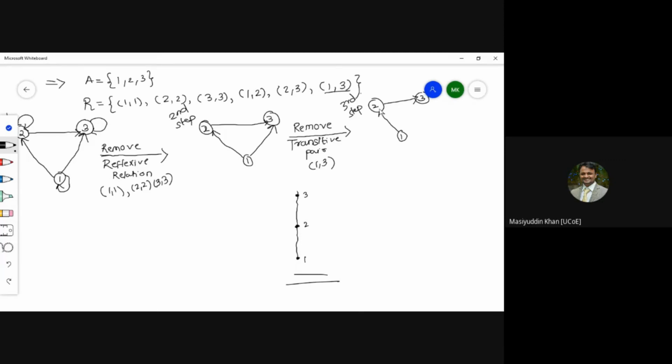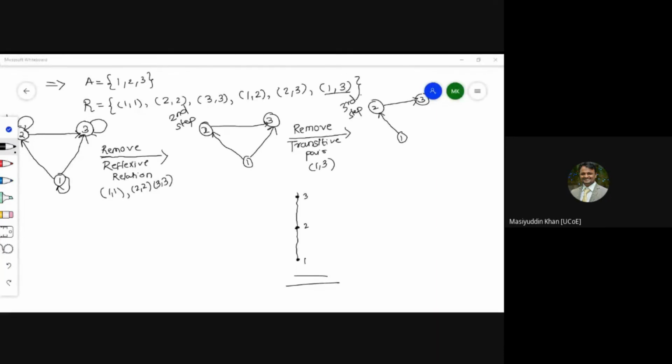If anyone has any queries regarding Hasse diagram, you can go ahead with your queries or doubts or questions, so that I will solve your queries and doubts. And if no doubts, we'll proceed with the attendance part. Okay, so don't leave.